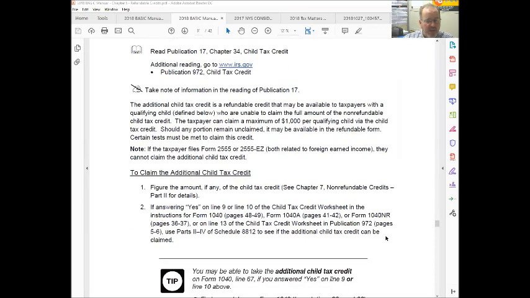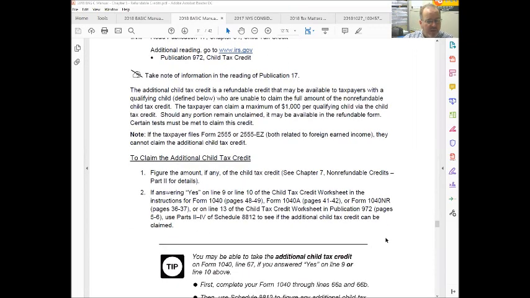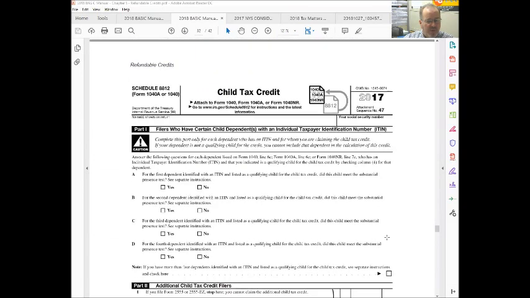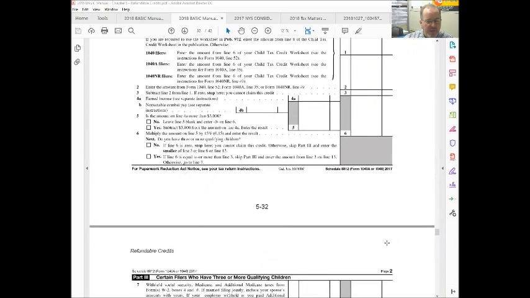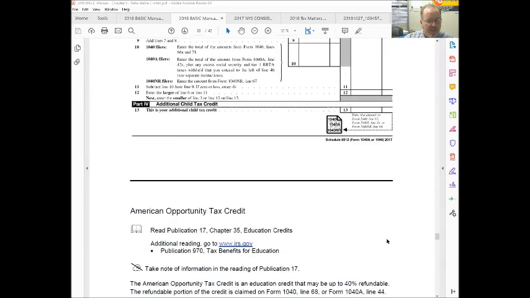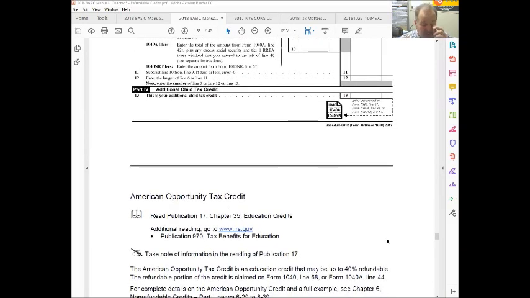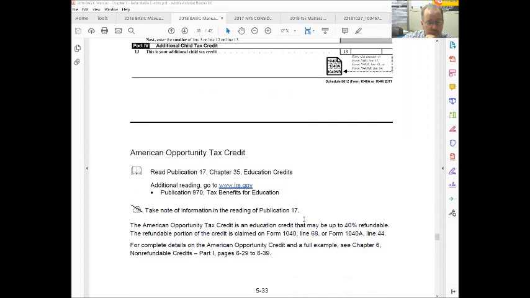It is a maximum of $1,000 per child, and on the return, so it's fully refundable. Okay, and again, due diligence on it is almost the same as the EIC. All right, because chances are this is an area of fraud that dovetails right in with the EIC. They tend to work in tandem, okay?